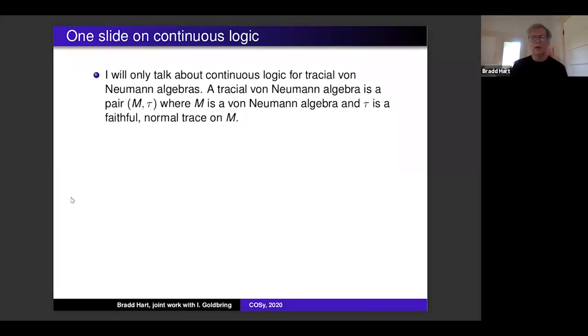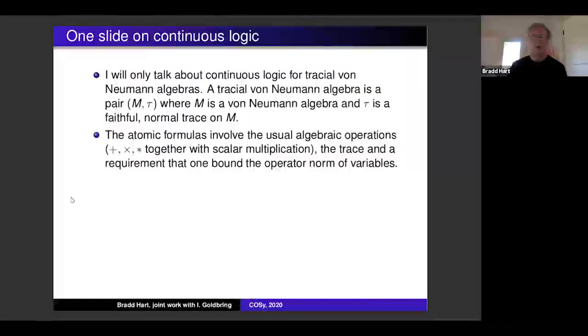So what does continuous logic look like in that setting? Well, for those more familiar with classical logic, we want to have operations, functions, and relations. In this case, the function symbols are the ones you'd expect them to be. You have plus and times and the adjoint. You have scalar multiplication by complex numbers. And the only relation you have around is the trace.